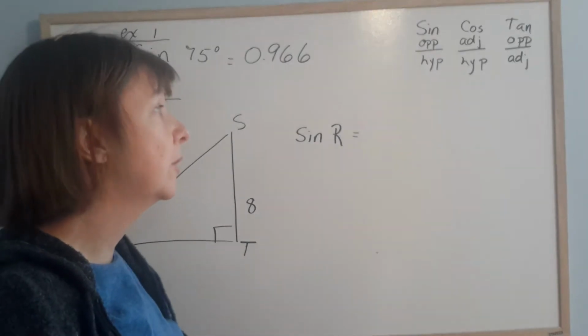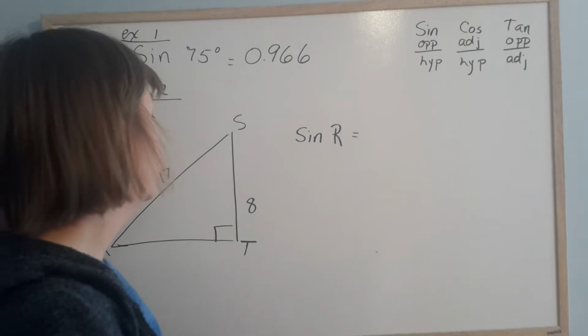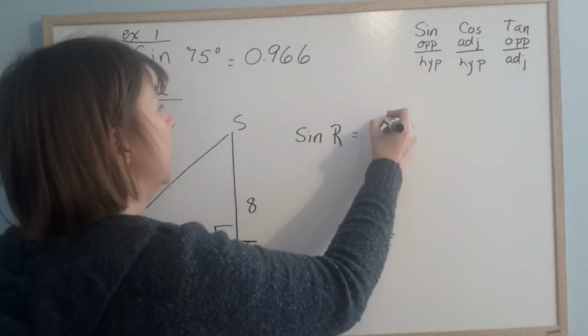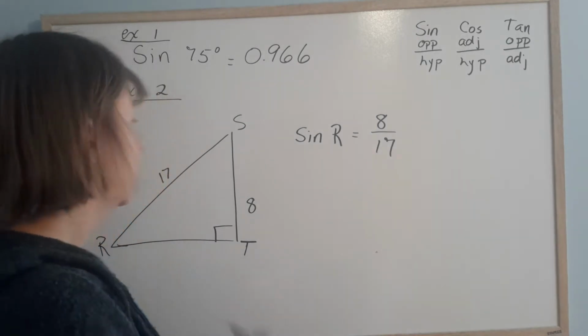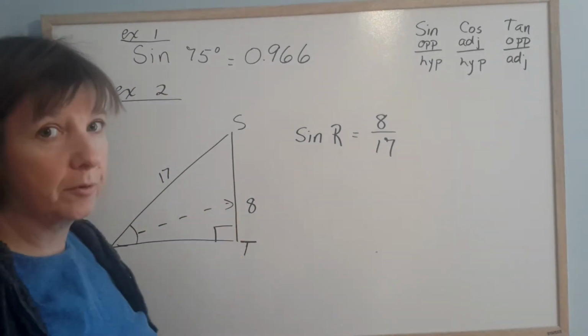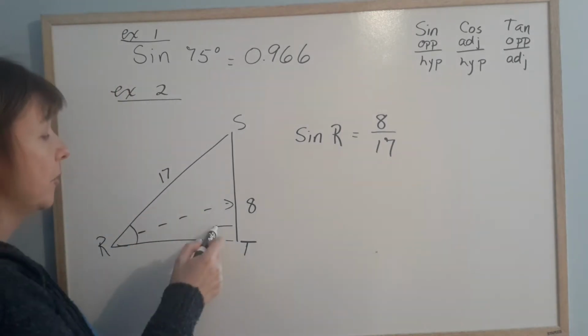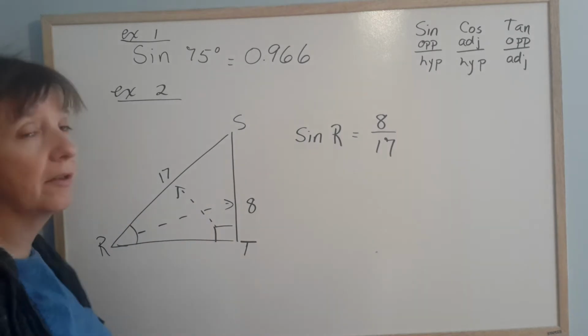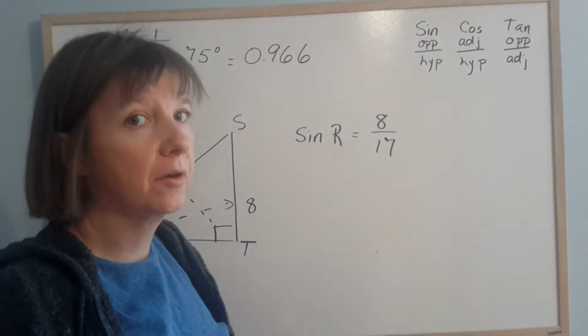In the first part of the question, they asked for the sine ratio. So they really just want the fraction. So the sine ratio would be 8 over 17 because sine is the opposite side. So opposite angle R is 8. And the hypotenuse side, remember the hypotenuse is the side across from the right angle. So that is opposite over hypotenuse.